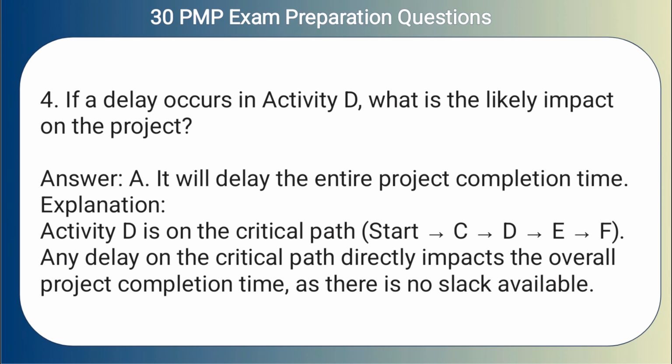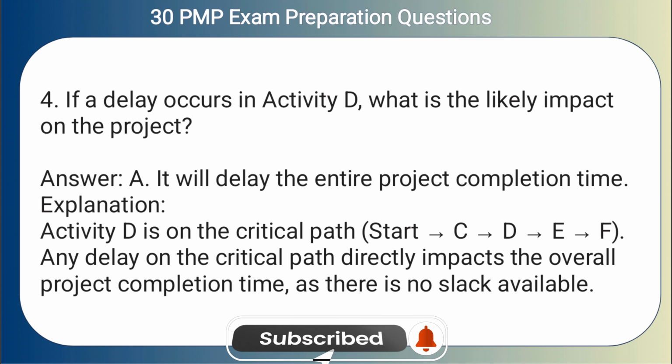Answer: A. It will delay the entire project completion time. Explanation: activity D is on the critical path, start, C, D, E, F. Any delay on the critical path directly impacts the overall project completion time, as there is no slack available.